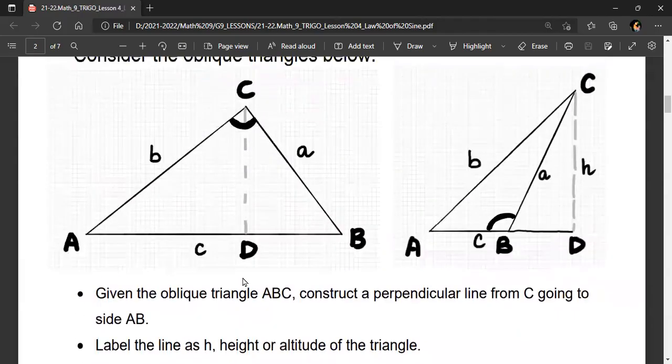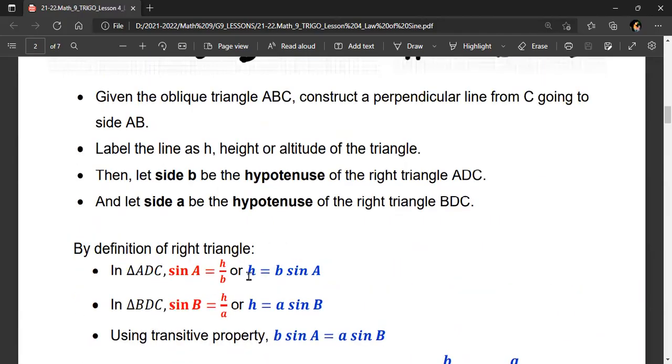If we apply the sine relationship with respect to angle A, it is equal to the opposite, which is the height of the triangle, over the hypotenuse, which is side b. If we rearrange, we come up with h equals b times sine A.